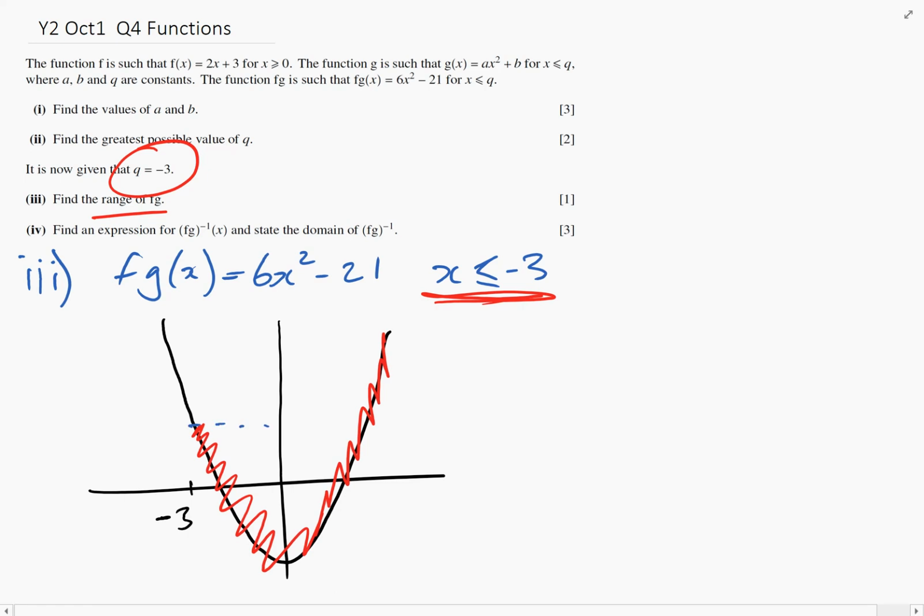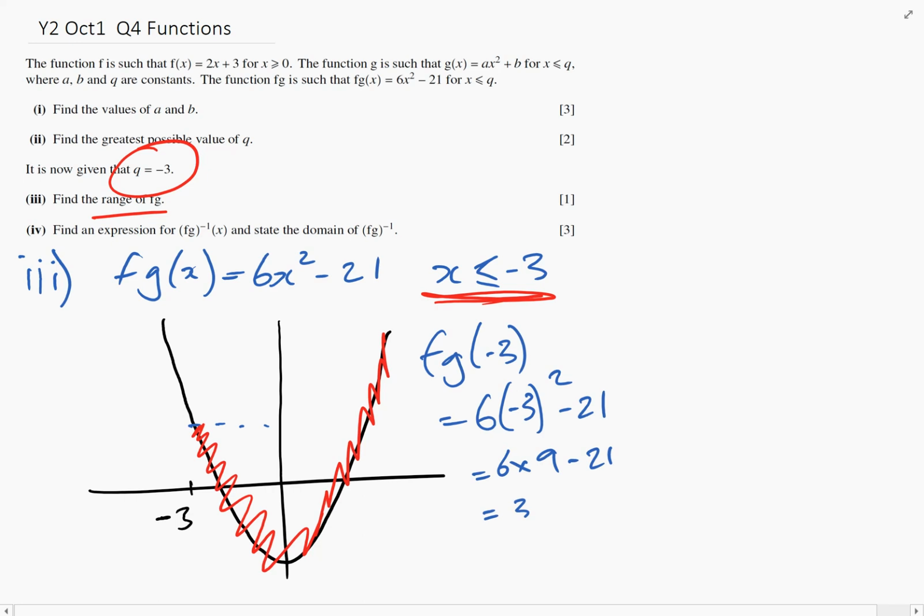If we sub minus 3 into fg, we're going to get 6 times minus 3 squared minus 21, and 6 times 9 minus 21 is 33.